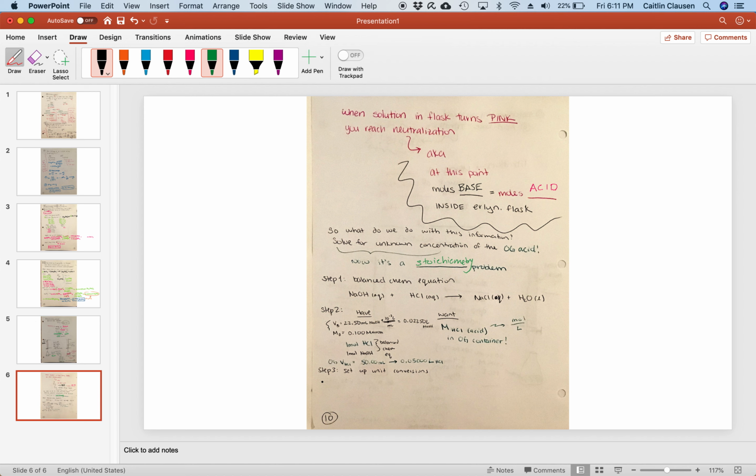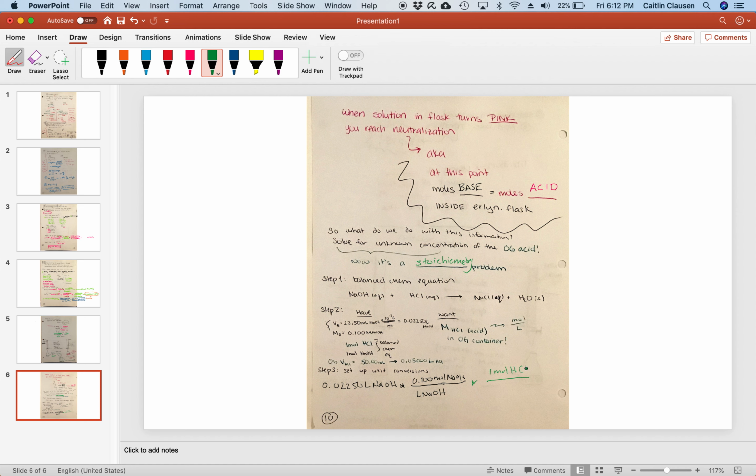So similar to the previous problem, starting with volume of base, I need to convert it into moles. The molarity of the NaOH is 0.1 moles per liter. You need to use the balanced chemical equation to get from moles of NaOH to moles of HCl.